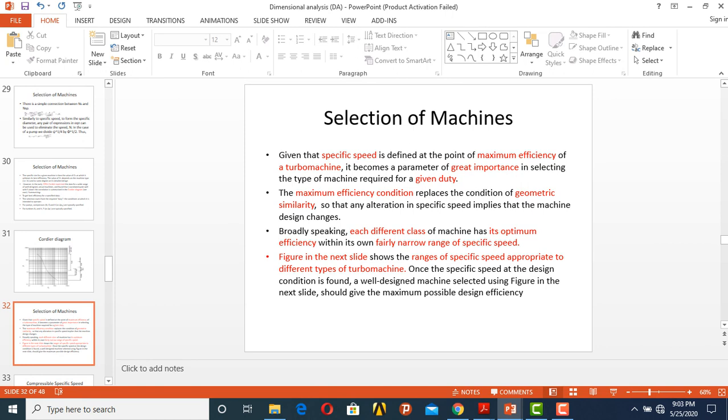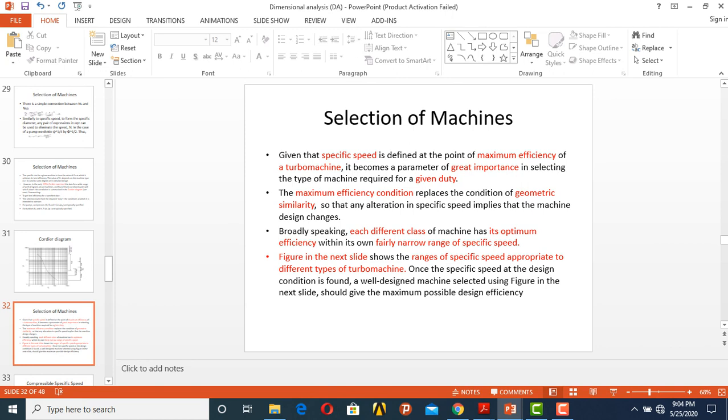We don't want to be putting in more energy and receiving little output. So any machine should operate at high efficiency. This is why specific speed is an important parameter, in that it is gotten at higher efficiency.